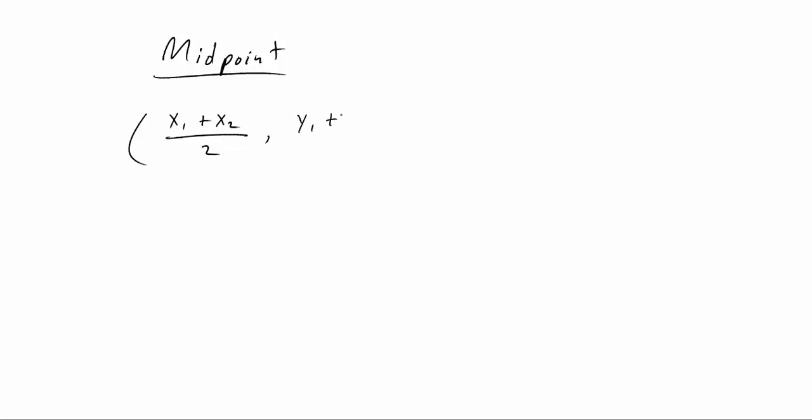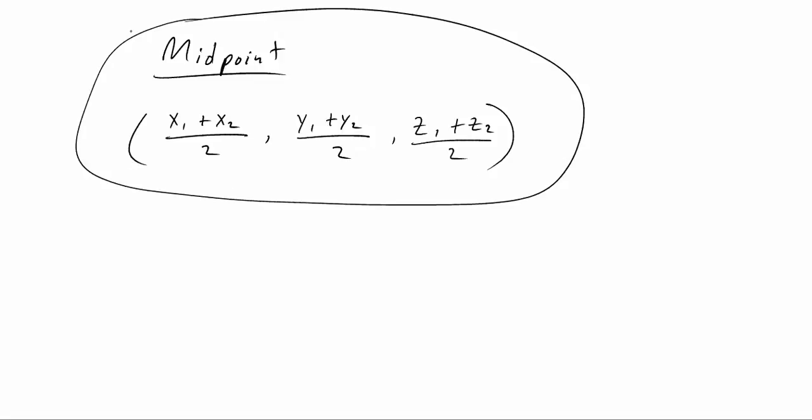You would take your y's, add those together, divide by 2, and that's what we did for 2 space, but now in 3 space we're going to have to add our z, so z1 plus z2 divided by 2, and that would give us the midpoint between 2 points in space.